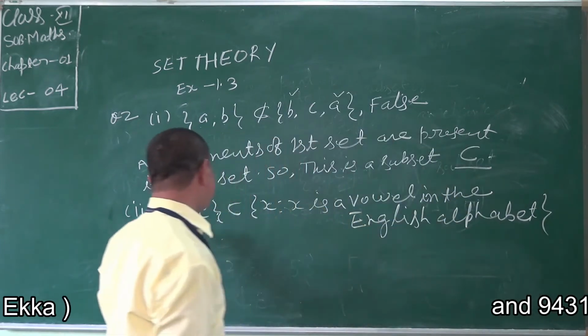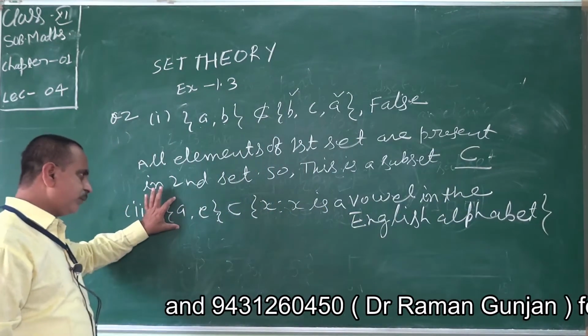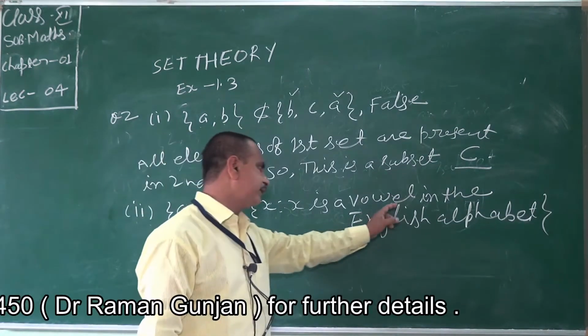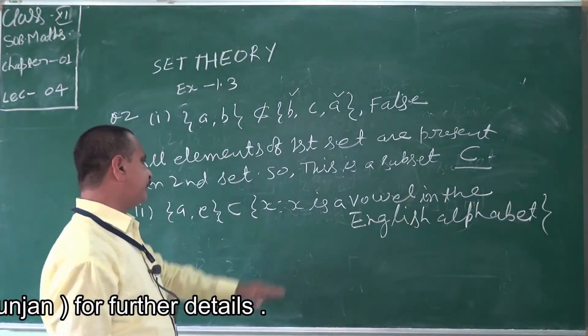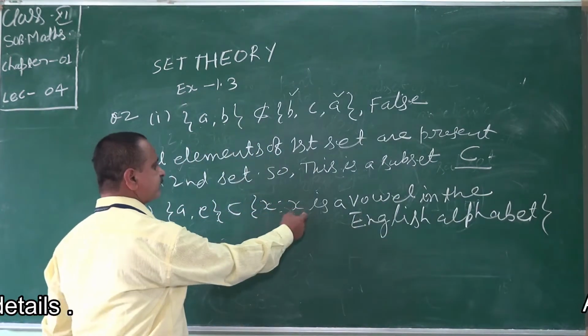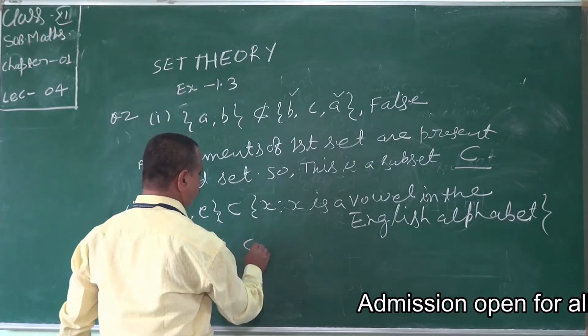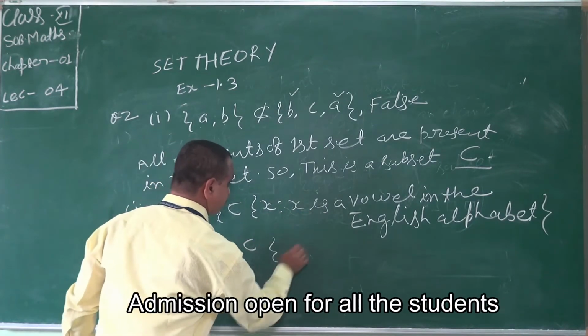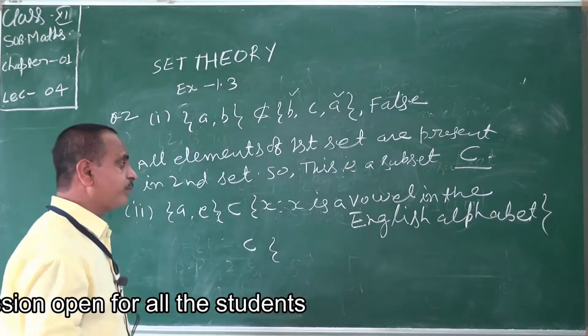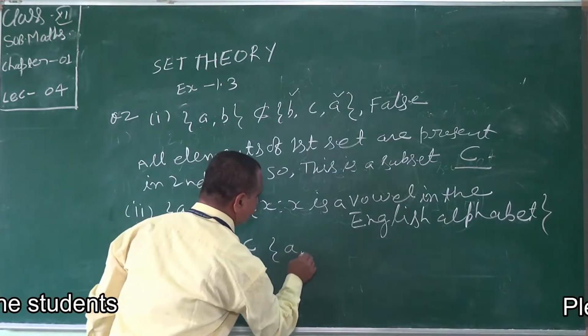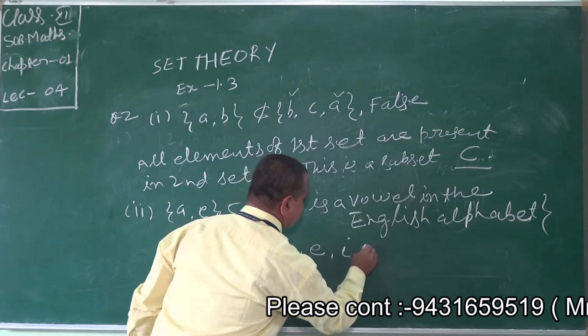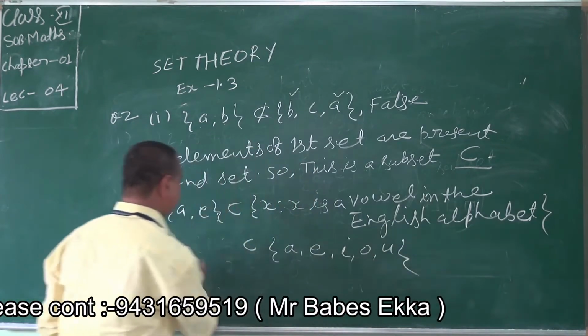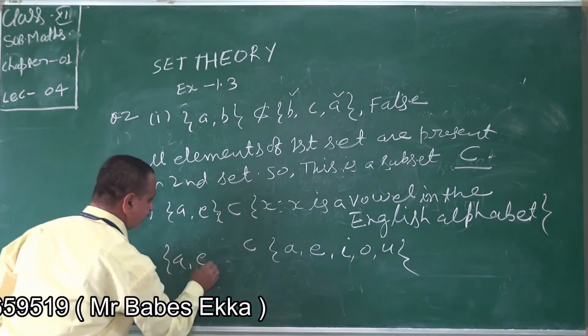Yes, so this is given in tabular form and this is given in set builder form. So in set builder form, first we change the set builder form to roster form. You know the vowels of the English alphabet, and you write them easily, and here is your given set.